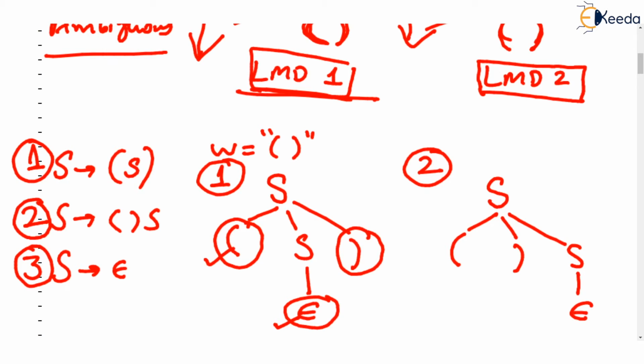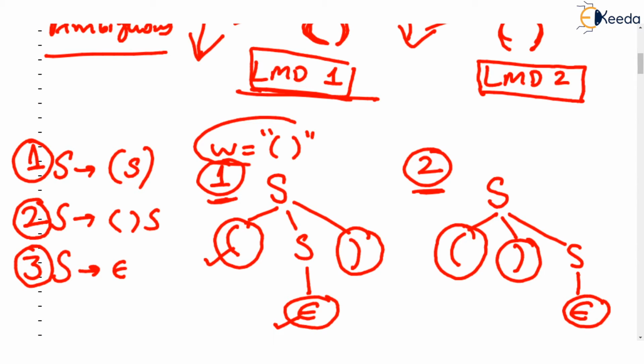Now we have three leaf nodes in sequence, open bracket, close bracket, epsilon, and hence the yield of this tree is also open bracket close bracket. So there exist two parse trees, both of which are valid, both of them derive the string, but the point is there is more than one parse tree for some string. For the given grammar, if you are able to find at least one such string, that's enough.